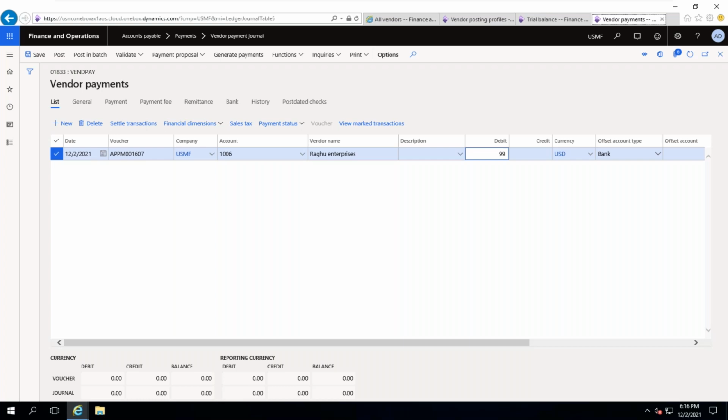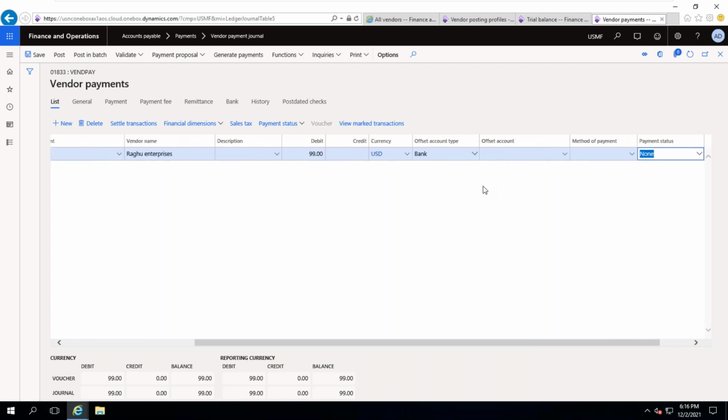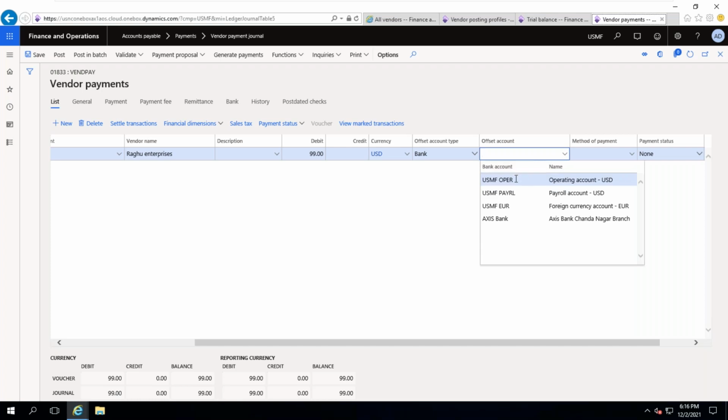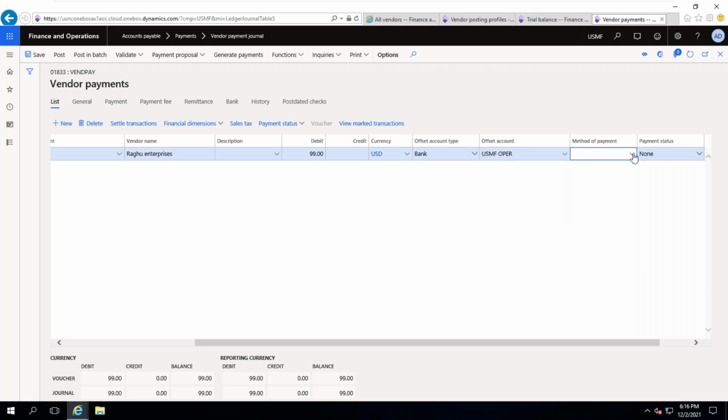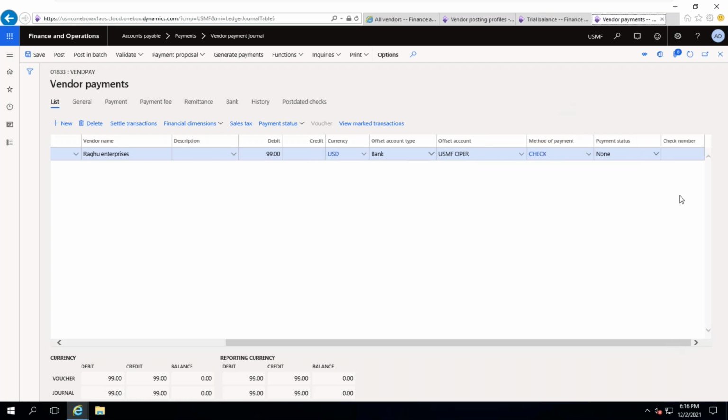Suppose I'm entering $99. Let me select the bank, USMF operations, and method of payment check. The check number is mandatory for this process, so let me generate payments.